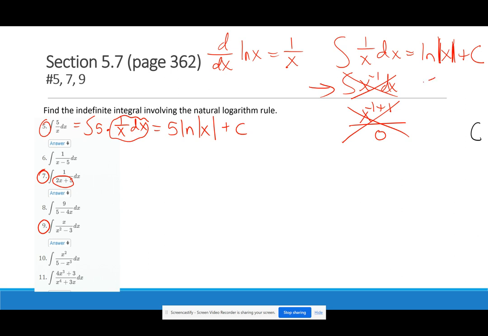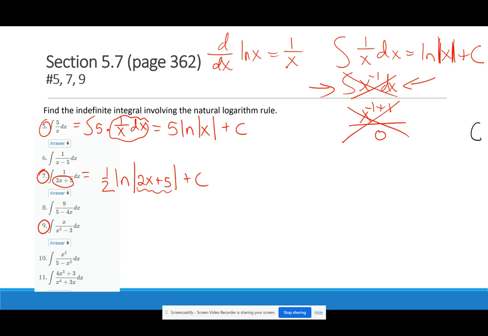So if I notice that, I can think, okay, I know that 1 over 2x plus 5 is coming from the natural log of the absolute value of 2x plus 5. But do you remember how if you did the derivative, you would get a 2 for the derivative of the inside? So you're going to need a 1/2 to counteract that, and then throw in the plus c, and there you have it.